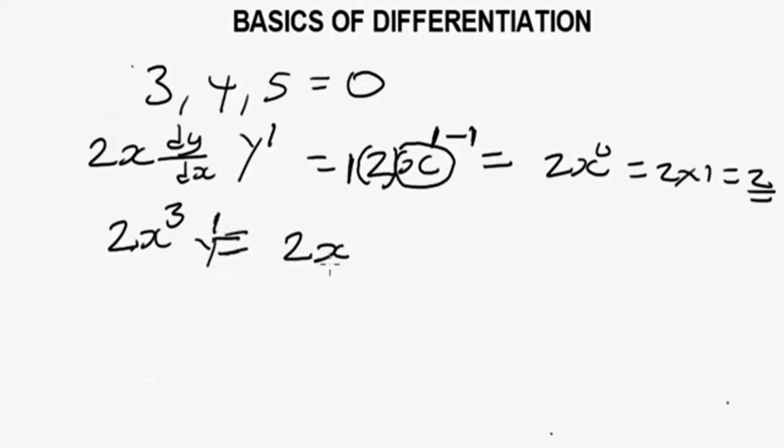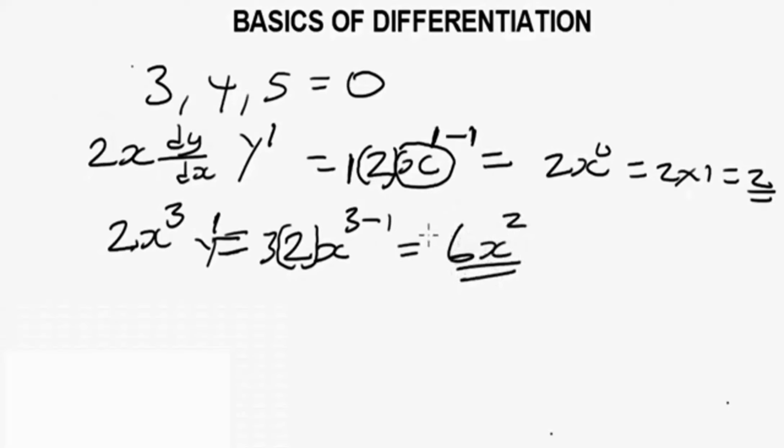Y prime will be 2x, with the power 3 minus 1. At the same time, this power comes to the front and multiplies the 2. So your final answer will be 3 times 2, which gives you 6x. This 3 minus 1 gives you 2. So guys, our final answer is 6x squared. It's as simple as that, guys.